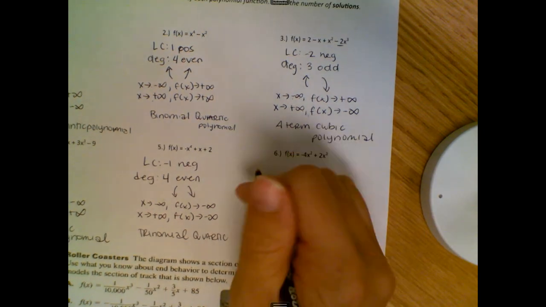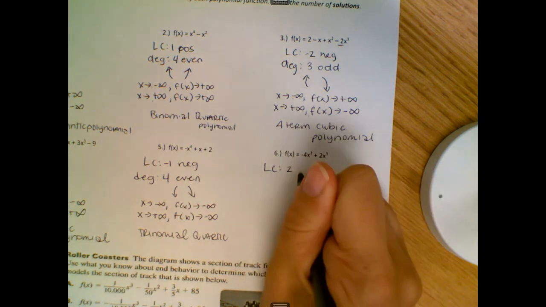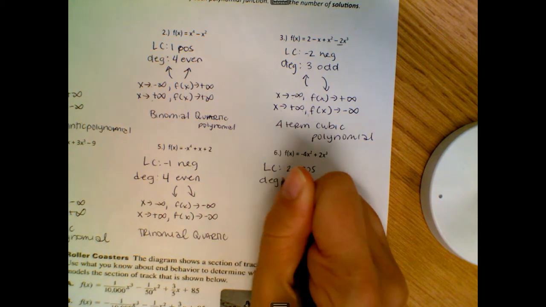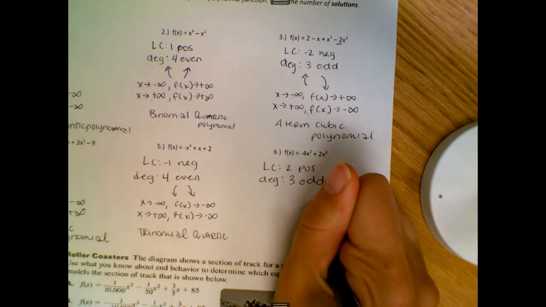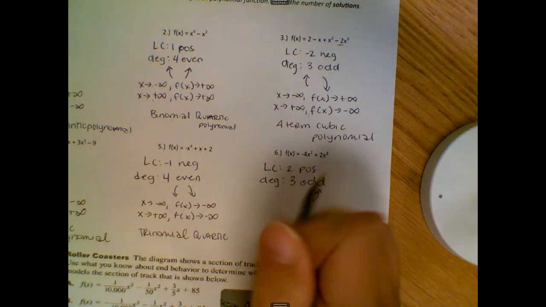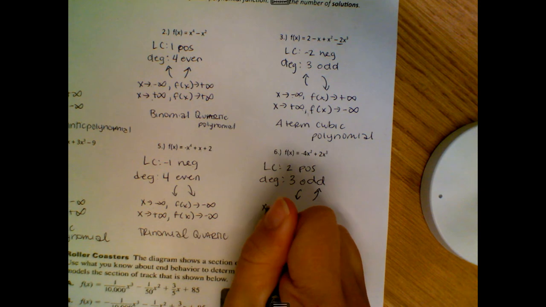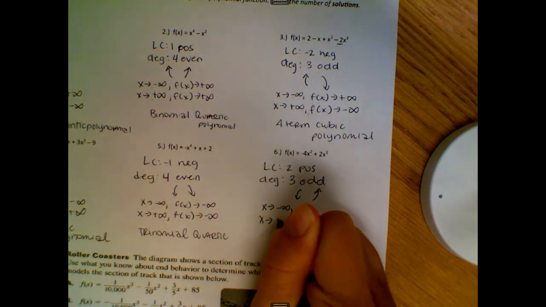This last one, we have our lead coefficient being 2. 2 is a positive number. Our highest degree is 3. 3 is an odd number. Positive means second arrow goes up. Odd means they're going in the opposite direction. So now I need to write what my left arrow is doing and what my right arrow is doing.